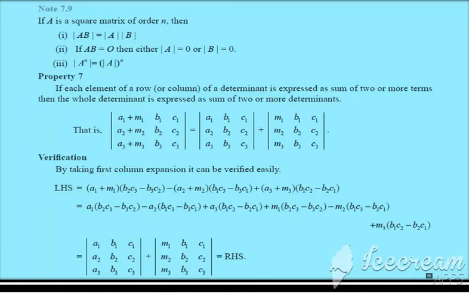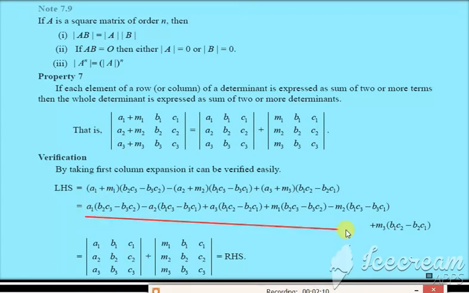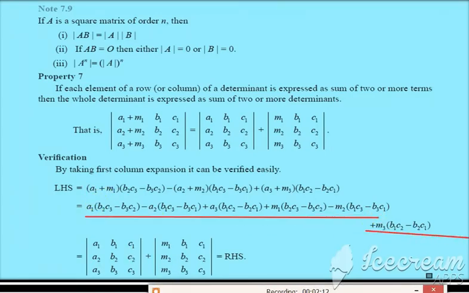So what you'll get: A1 (B2 C3 minus B3 C2) minus A2 (B1 C3 minus B3 C1) plus A3 (B1 C2 minus B2 C1), plus M1 (B2 C3 minus B3 C2) minus M2 (B1 C3 minus B3 C1) plus M3 (B1 C2 minus B2 C1).